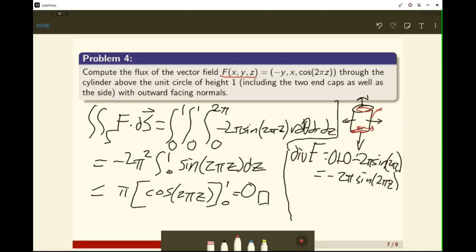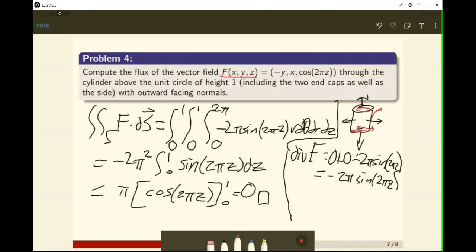And so it's going to be purely in the z direction, so the x and y components don't change anything. And our cosine of 2 pi z, because we're looking at height 0 and height 1, is going to be cosine of 2 pi and cosine of 0, which are both 1.